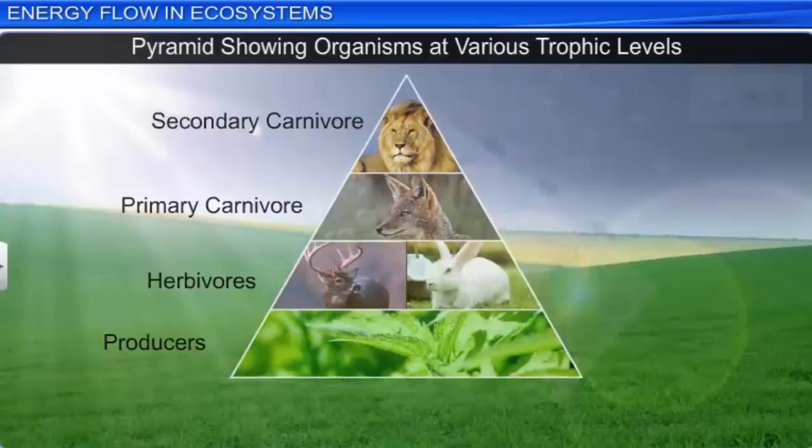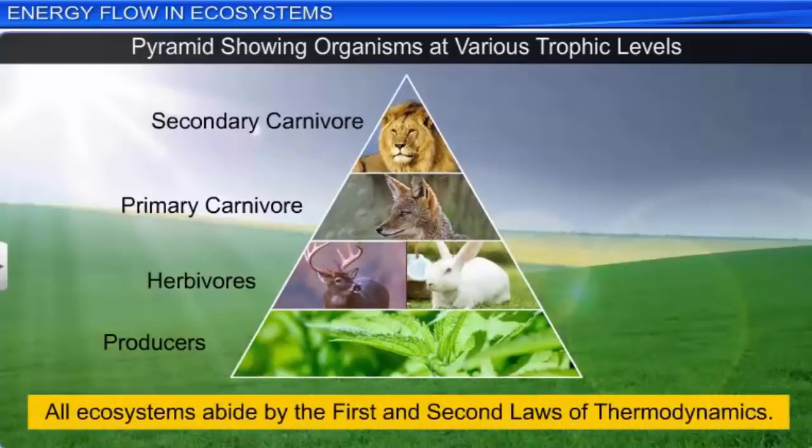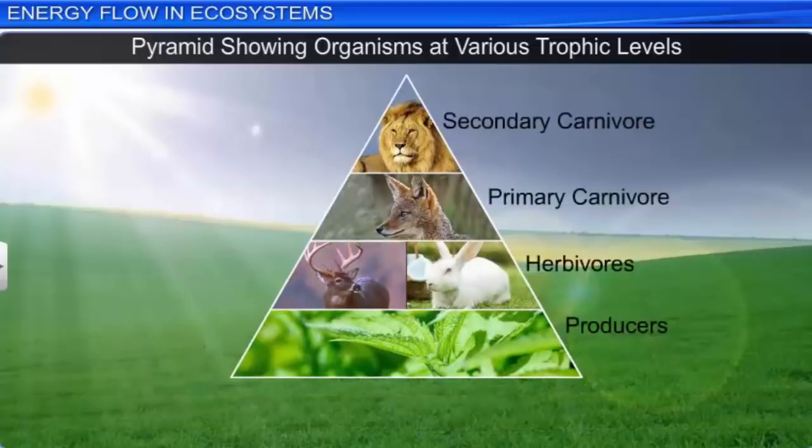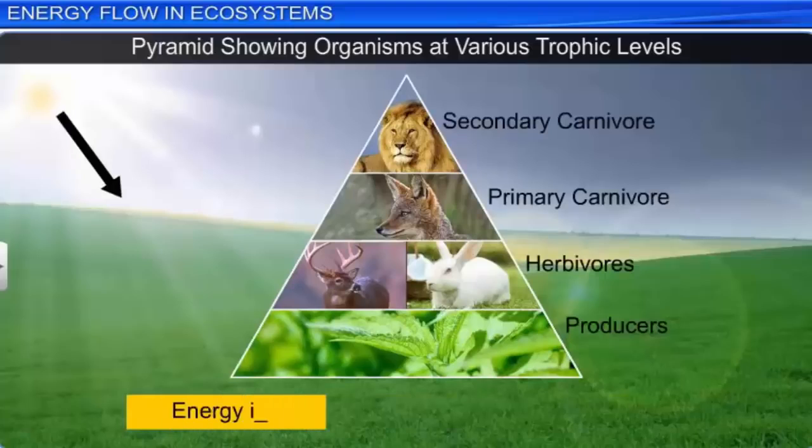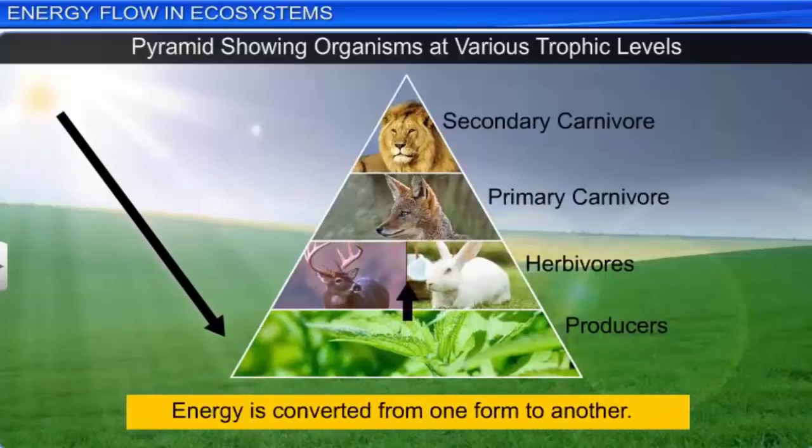Moreover, all ecosystems abide by the first and second laws of thermodynamics. This is because energy is being converted from one form to another as it is transferred from the sun to various organisms.